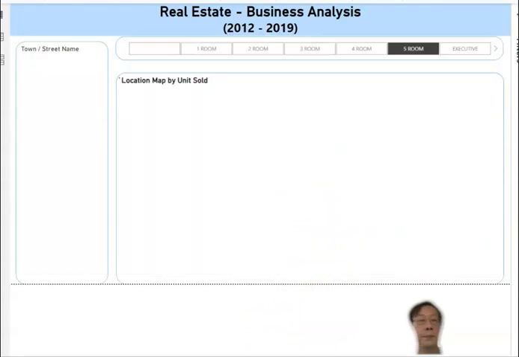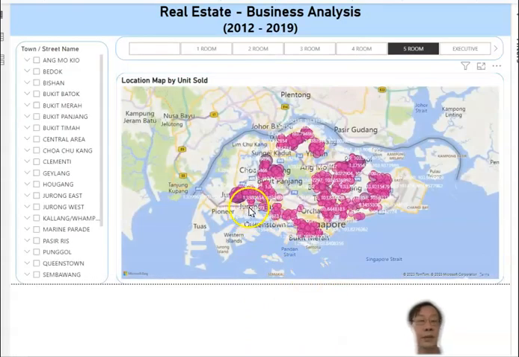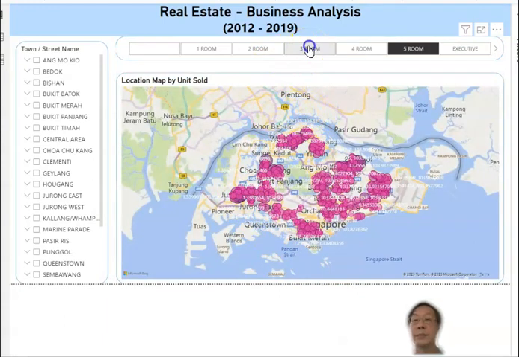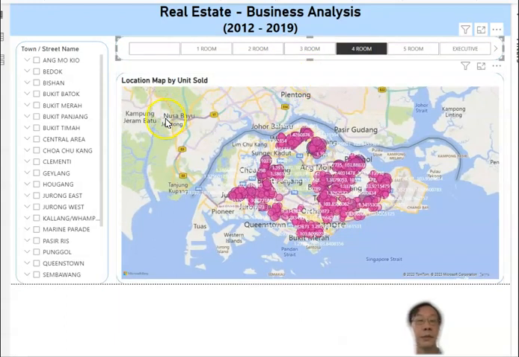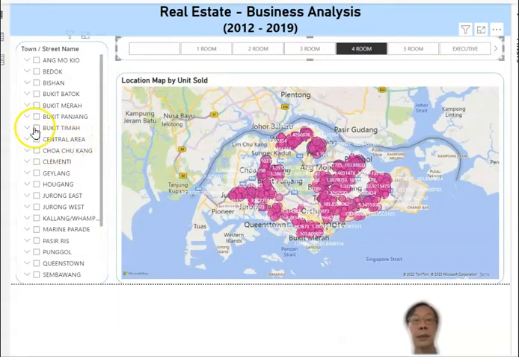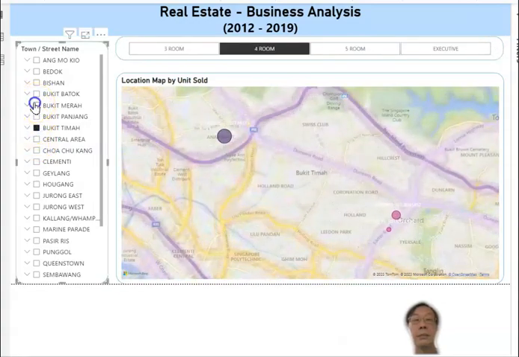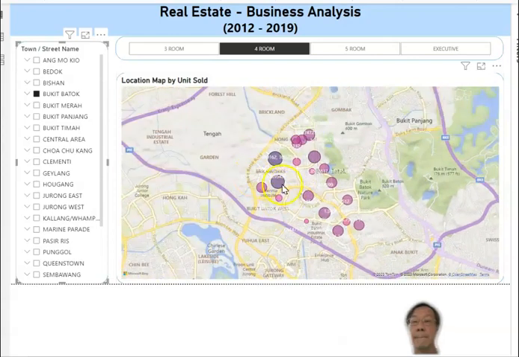And this page shows the locations map. It shows the hotspot areas for all the volume of transactions for the different room types. You can click onto a particular area like Bukit Batok.